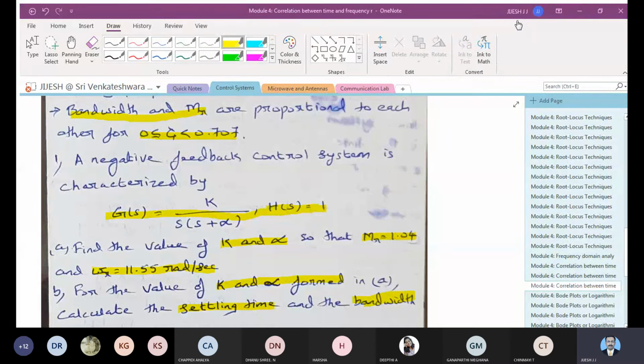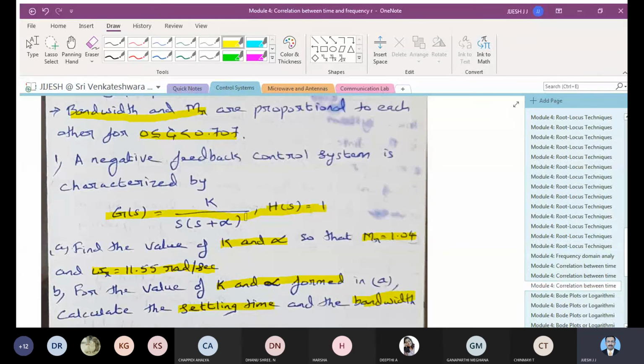So going back to the problem, where you have been given a negative feedback control system characterized by G of S is equal to K divided by S into S plus alpha, and H of S is equal to 1. We are asked to find the values of K and alpha when MR is 1.04 and omega R is 11.55 radians per second.